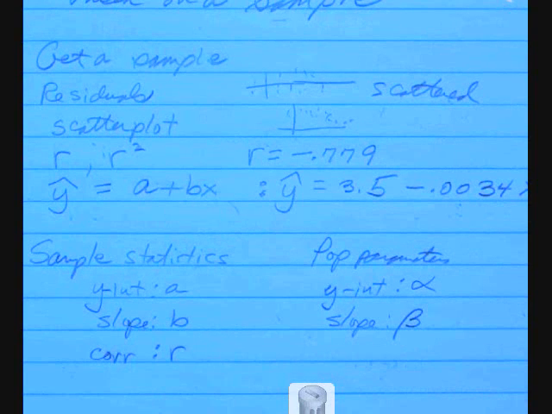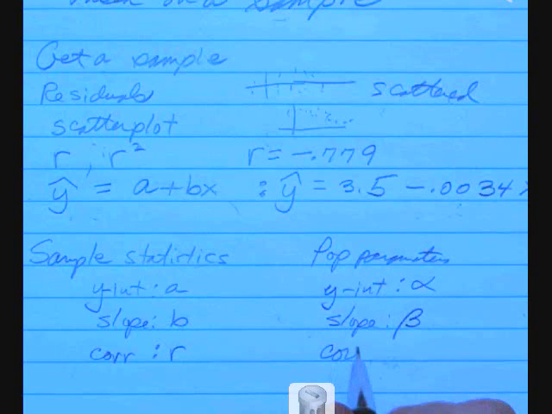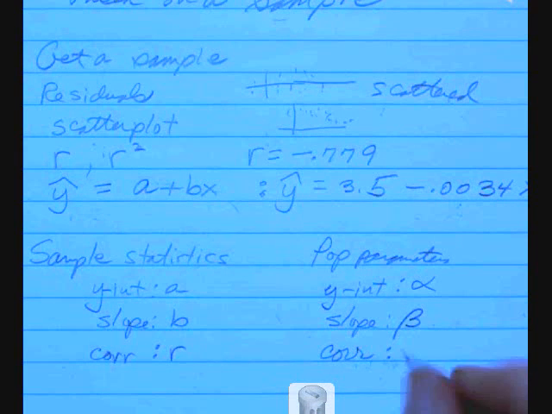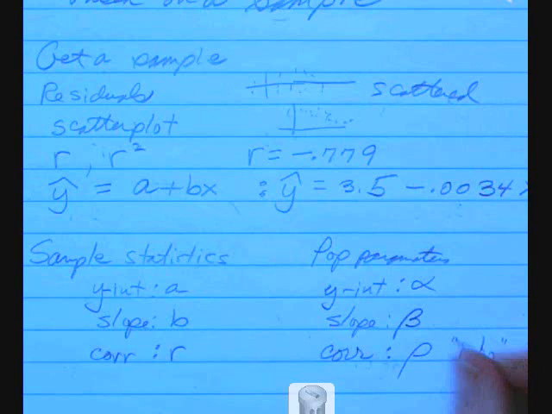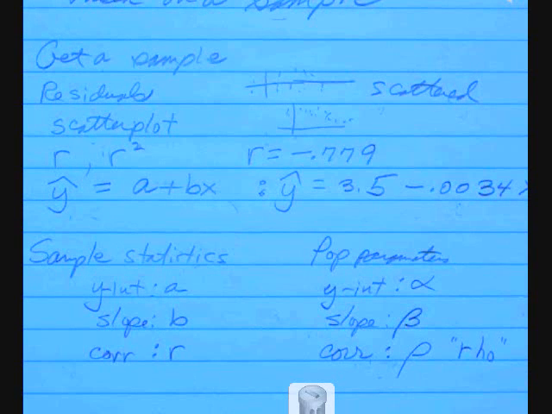What's beta? But probability of type 2, yeah, which is the complement of power. Okay? And the correlation, do you remember from that practice test what? Rho. Rho. Looks like kind of like a P. That's the Greek letter rho. Okay. So there are the population parameters that we can estimate on our least squares regression line.